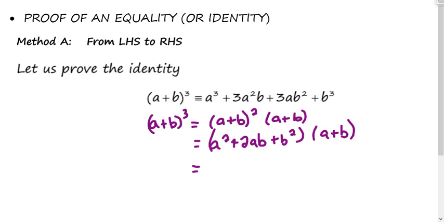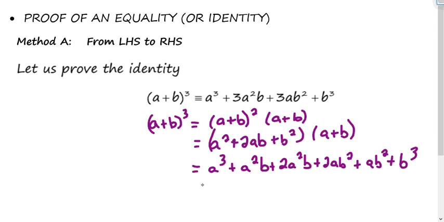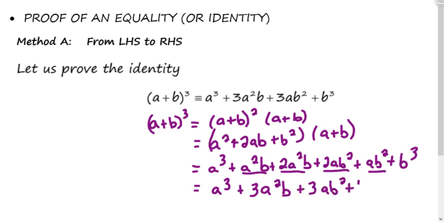So go ahead and pause me and finish this up. And when I combine all my like terms on the right-hand side, I get A cubed plus 3A squared B, 2 AB squared plus 1 AB squared, so 3AB squared, plus B cubed.